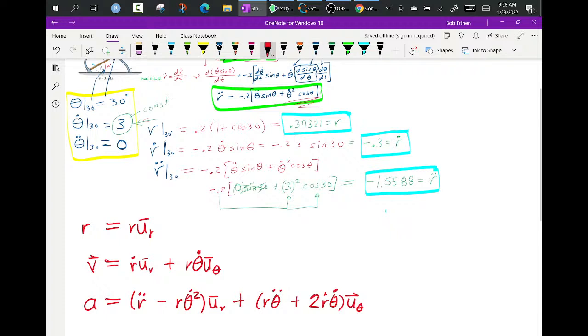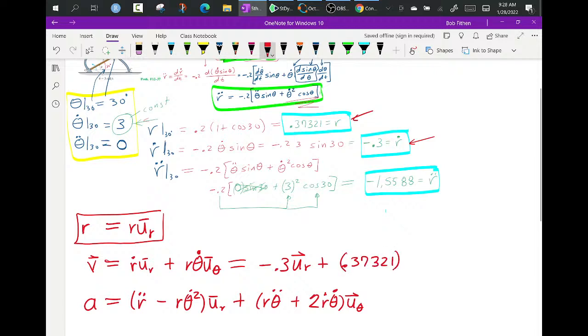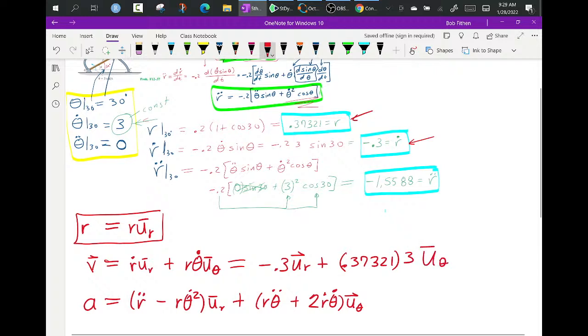Now, I don't think we need that one, but we'll look at the first one. So, R dot, okay, so this is the velocity, R dot of minus 0.3 U_R plus the R times the theta dot, 0.37321 times the theta dot of 3 U_theta.